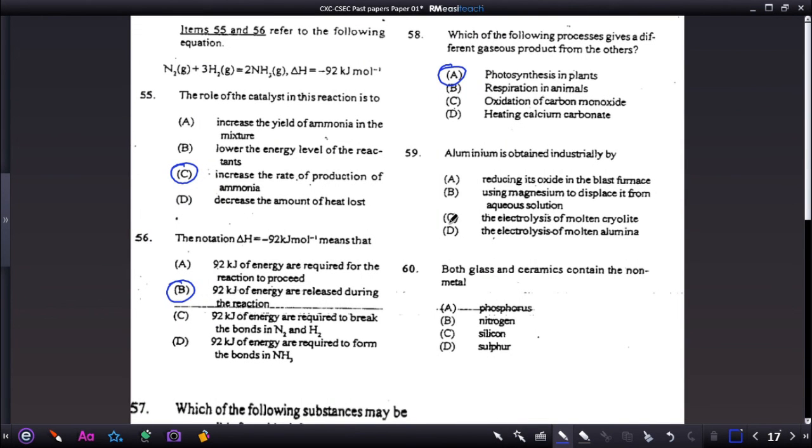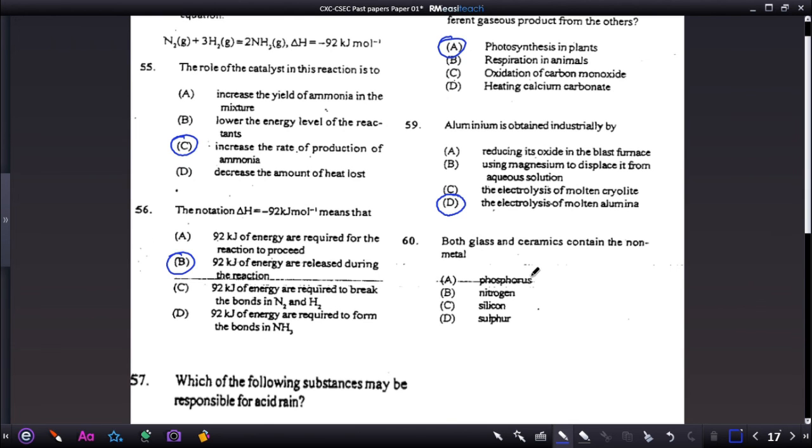Okay, so the answer is the electrolysis of molten alumina. And question 60, both glass and ceramics contain the non-metal silicon.